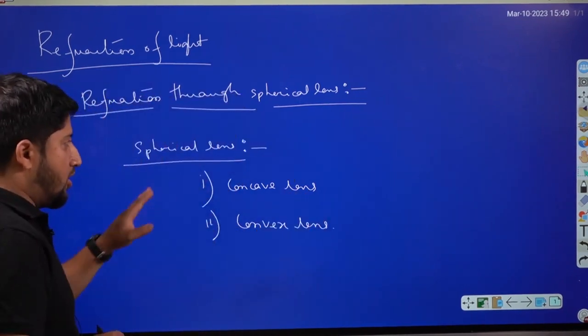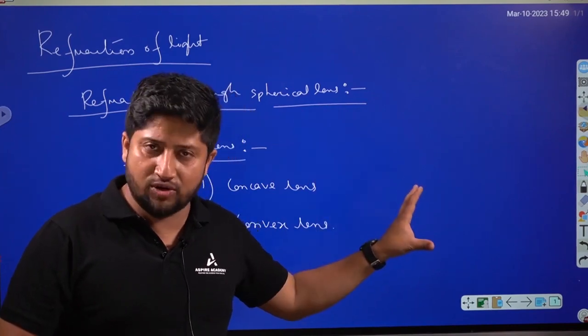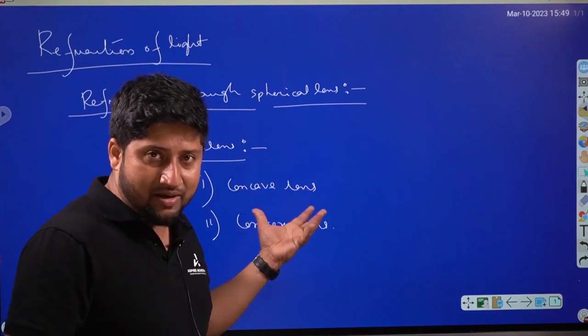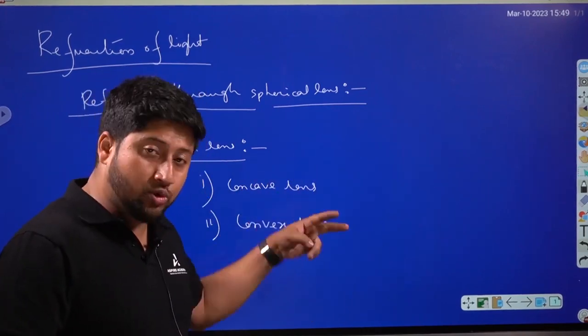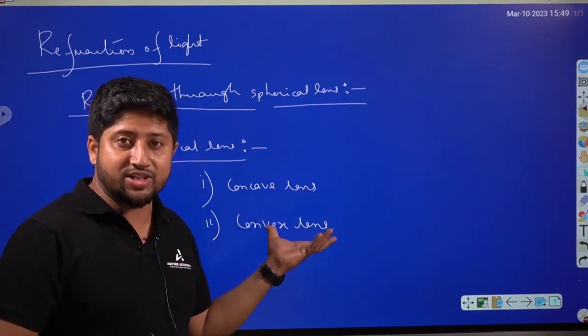We have already discussed spherical mirrors, so now we will talk about spherical lenses. There are a total of two spherical lenses: one is called concave lens and another is called convex lens.